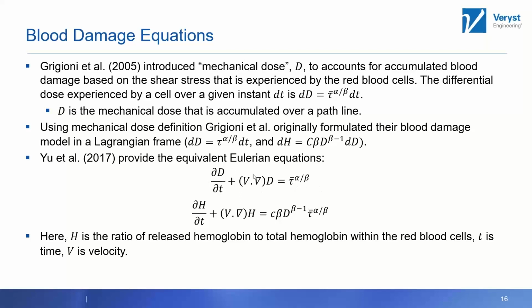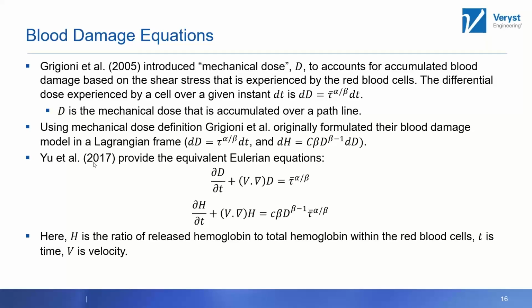So you solve this equation, you get the distribution of mechanical dose. Then you go to the next equation. H is the amount of hemoglobin that is released. V is the velocity which is known. Beta, alpha, and C are the parameters from experimental data, and D is the mechanical dose that you solved in this model. So now you can solve H, which is the amount of released hemoglobin.